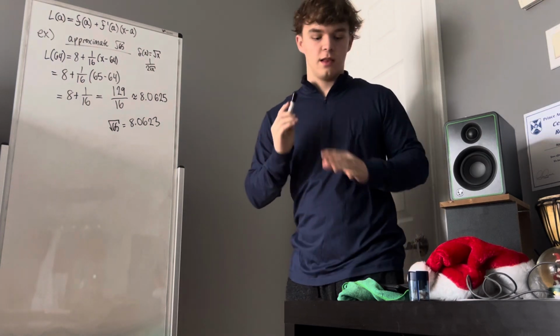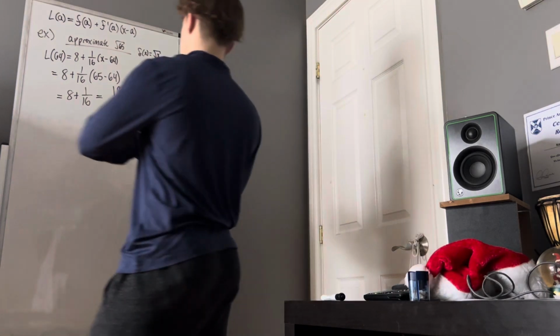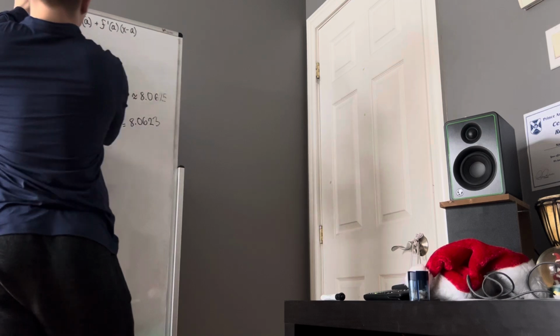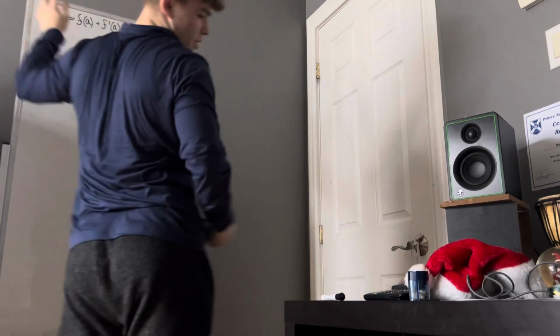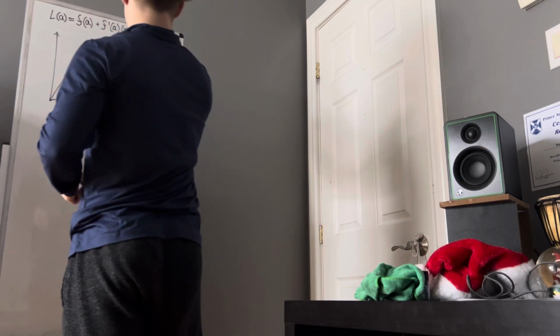Now, I'm going to give you a little bit of insight into why this is so close. We might notice the graph of the square root, the concavity of the graph decreases over time.